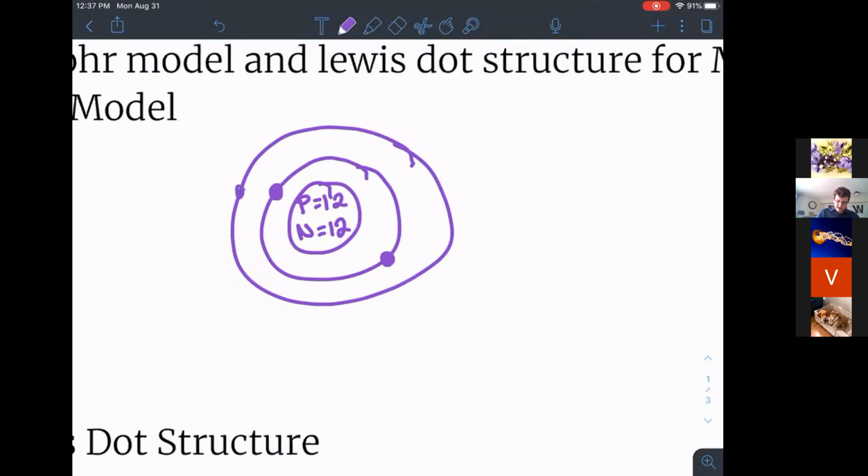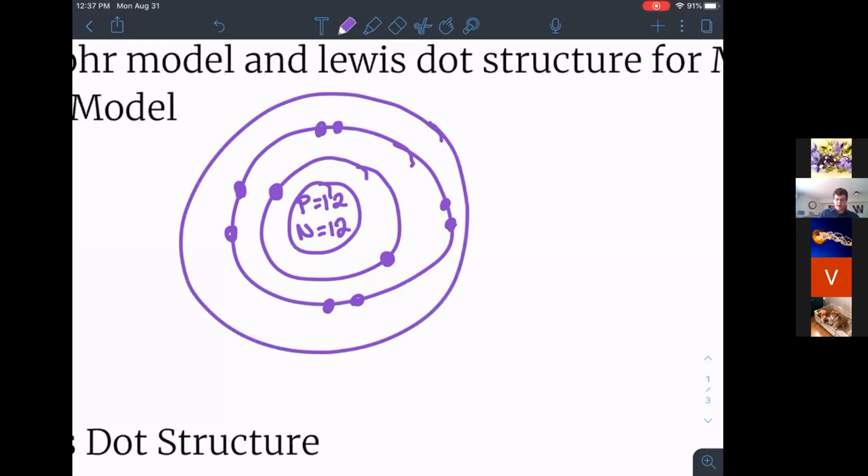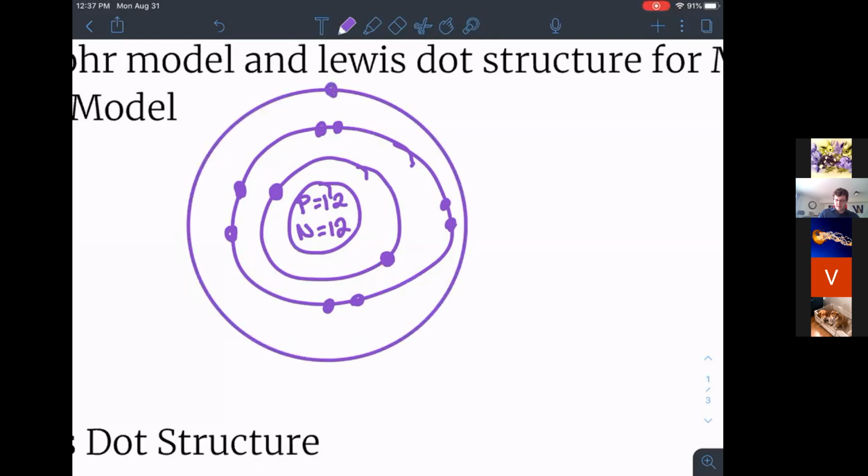Perfect. So I'm going to put my 8 on there. Am I done, or do I need more electrons? Need 2 more electrons on another outer circle. Another outer shell, and we're going to add 2 more electrons. Oh, that one looks nice.